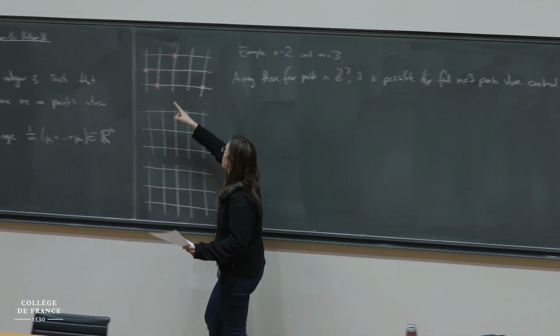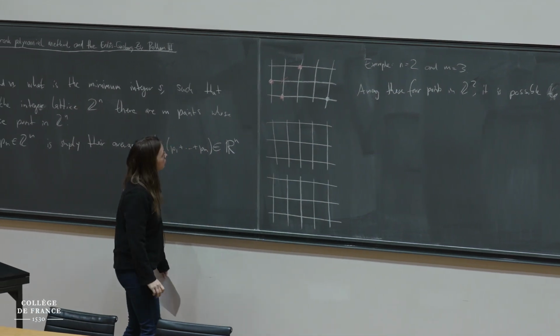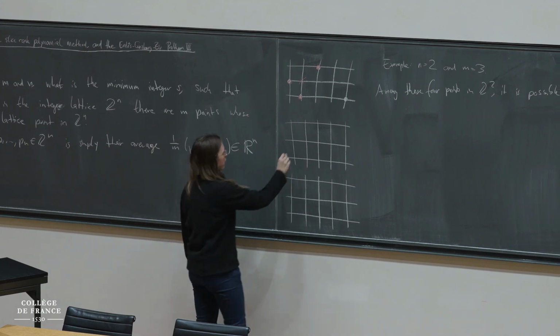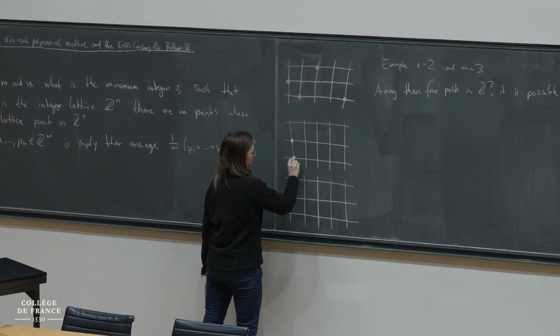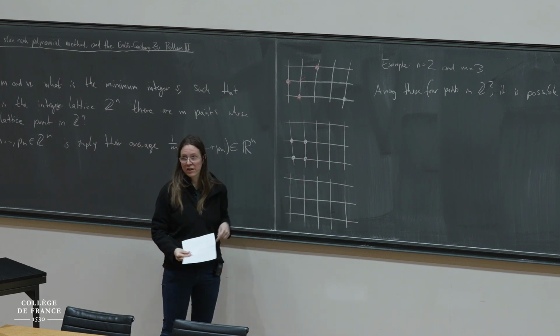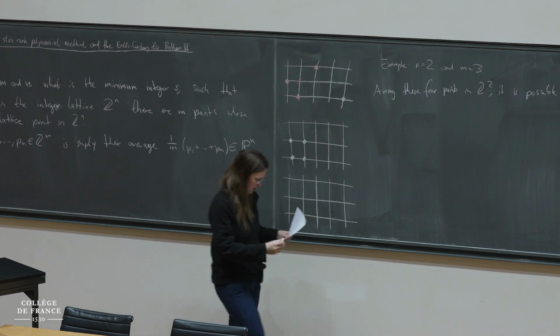Namely I can pick these 3 points and then the centroid is here, that's in Z squared. So the question is now, is 4 points always enough? And if you think about it for a while, you might notice that that's not always enough because, for example, for these 4 points, it's not possible to pick 3 whose centroid is a lattice point.